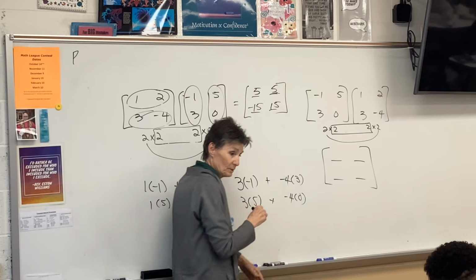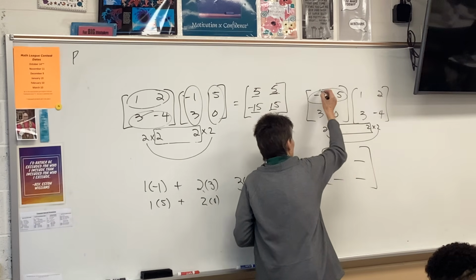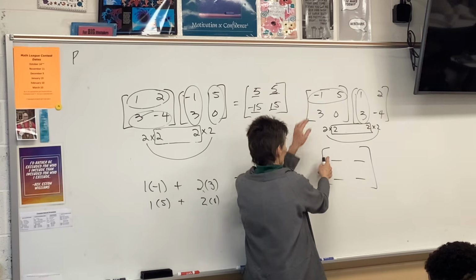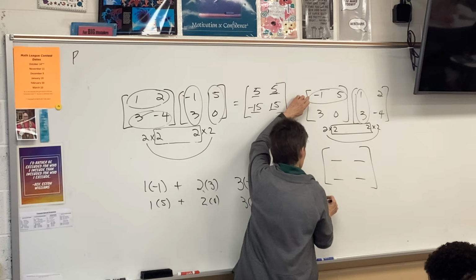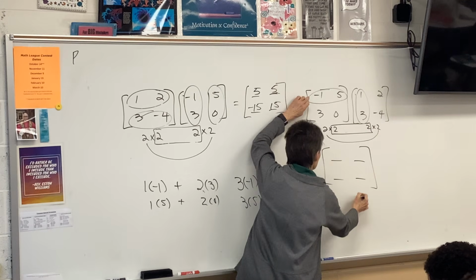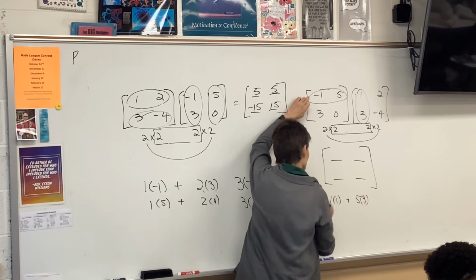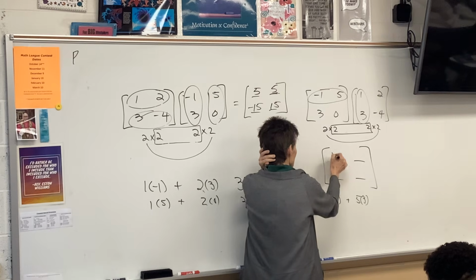Okay, do you think you can put this thing together? Yeah. Row 1, column 1. That's this spot right here. Row 1, column 1. So negative 1, 5, and 1, 3. Did you get 14?